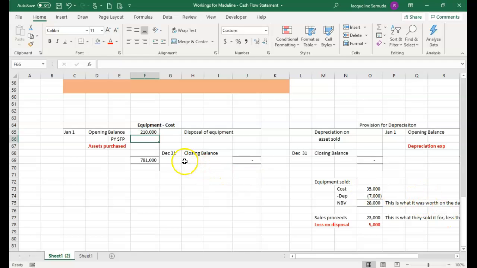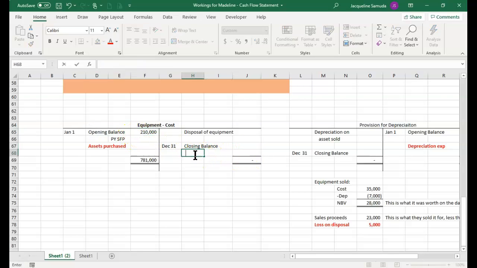For the closing balance, oh, by the way, the opening balance for an asset is always a debit. And if the opening balance is a debit, the closing balance is a credit. Where do we get the closing balance from? The current year's statement of financial position.